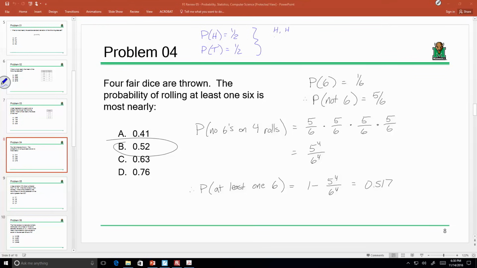Heads, heads; heads, tails; tails, heads; tails, tails. Sound good? Now, with this logic, what's the probability that if I flip 2 coins, I get at least 1 heads? 3/4, because there's 3 instances of that occurring, and there's 4 total events.